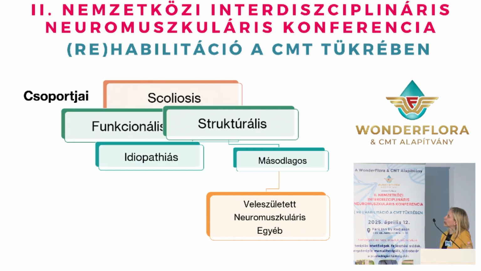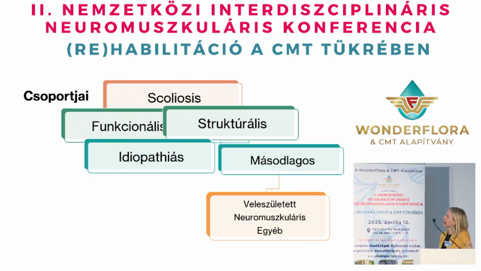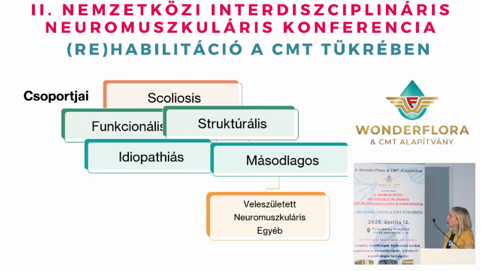Whereas in the structural group of scoliosis situations, you do find those anatomical distortions. And now within that latter group, we have idiopathic and secondary situations. When we understand what the fundamental diagnosis is, and you know that fundamental situation created the scoliosis.